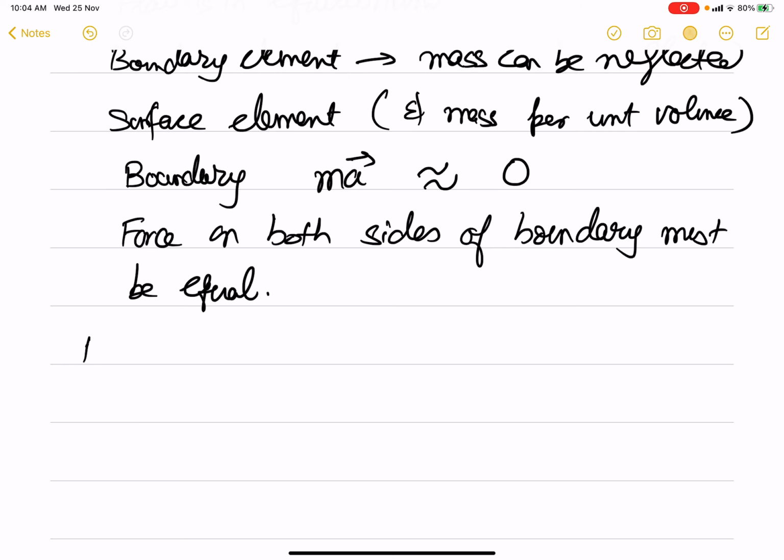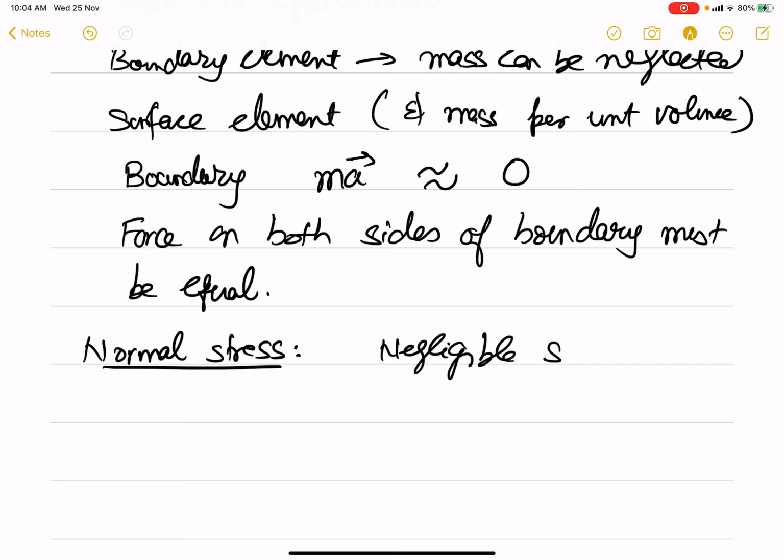So now let us focus on the normal component, the normal stress on the boundary. Firstly, we will assume that there is no surface tension.